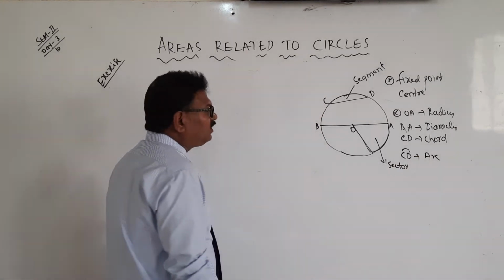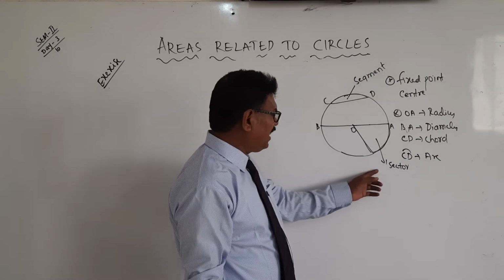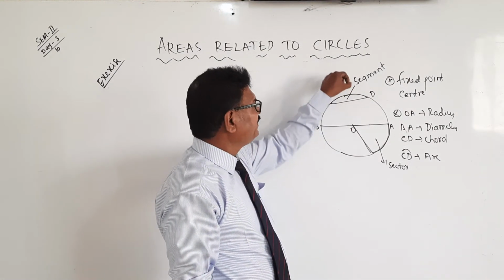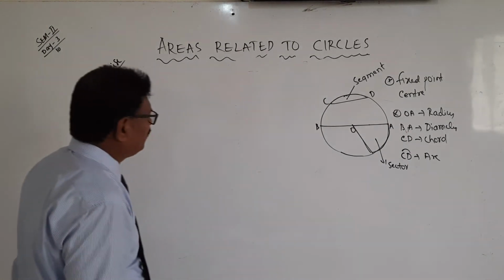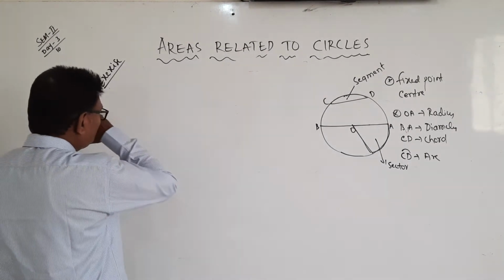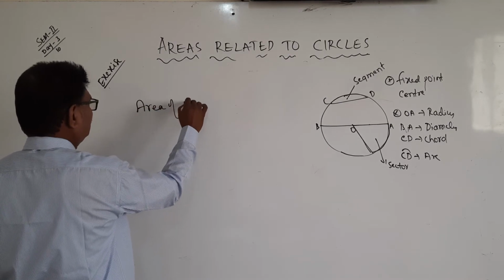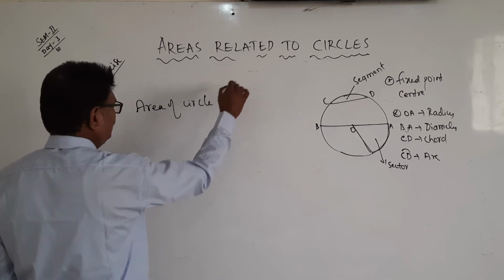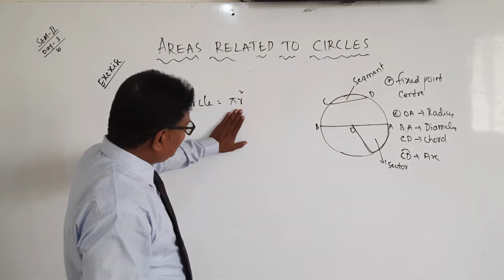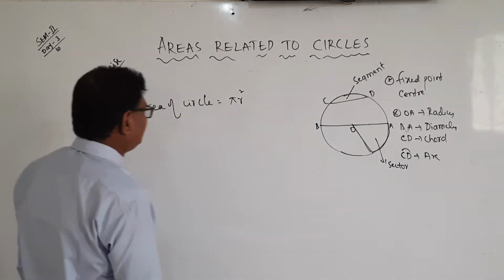Okay? Now we should find out the area as well as the length of the segment as well as the sector. How to find out? We'll find out. Now see, area of a circle, how much is it? Pi r square. Area of circle pi r square means what will be the angle at the center? That is 360.